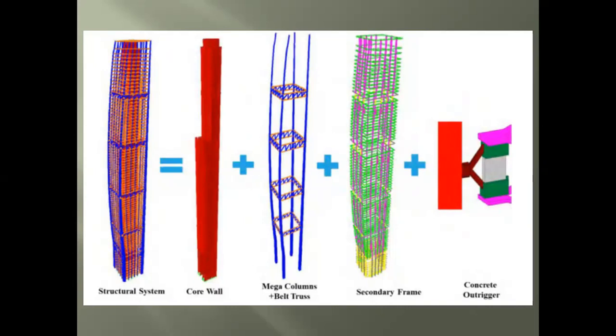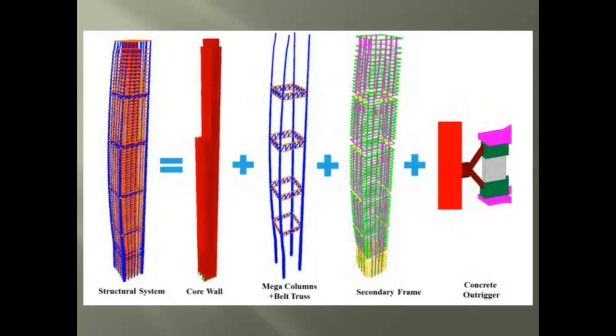But by itself, the core cannot accept all loads from the building, because if it takes more than half or maybe all of the area of the building, it will increase the scale of the diaphragm wall location and the own weight of the construction and so on.